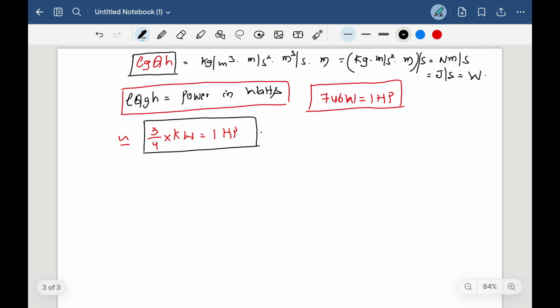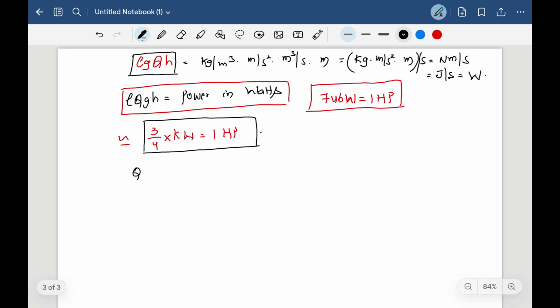Now, what we are required to find out here is the power required for the pump, to pump from certain height to certain height. Now here what are the parameters to be known?